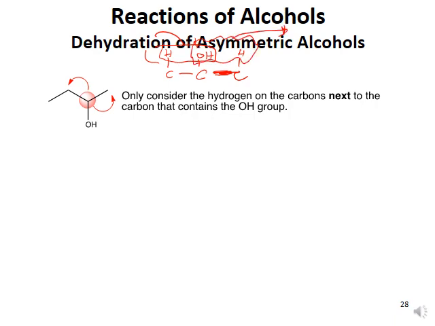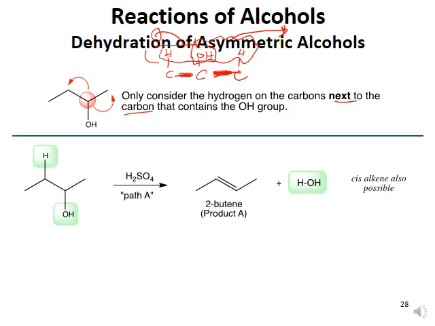The question is, which one? But we have to make sure that we're looking at the alcohol and then a carbon with a hydrogen on an adjacent carbon. So we've got an asymmetric alcohol right here.